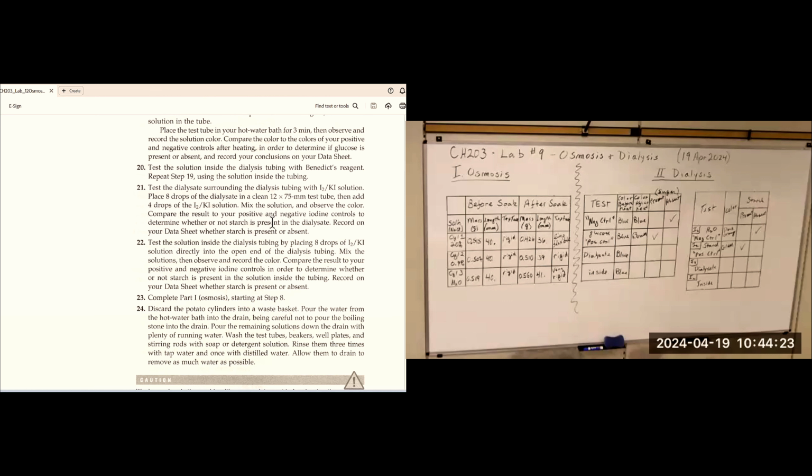Inside, we know there's glucose. Outside, it may react. It's just taking longer, I think because the concentration is lower.